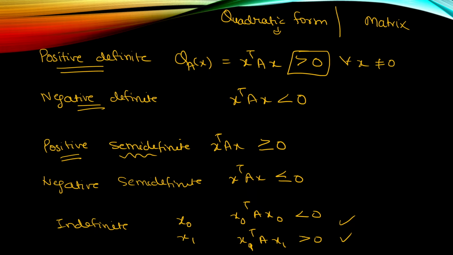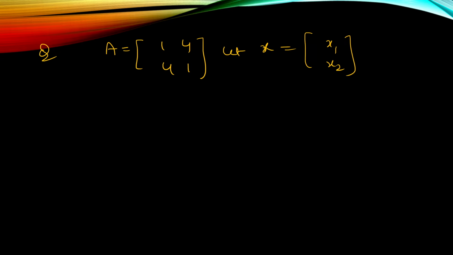How can we check this? Let's see with an example. Let's say you have the matrix 1, 4, 4, 1. So it is a symmetric matrix. Let's say your vector is x1, x2. What will its quadratic form be?